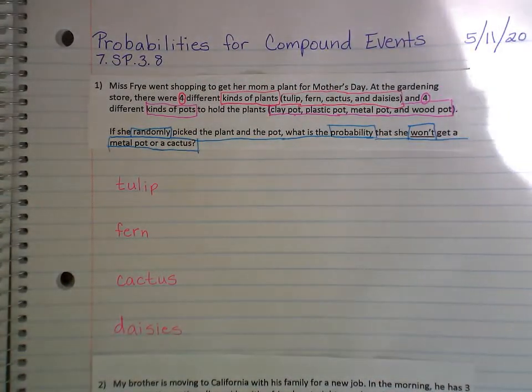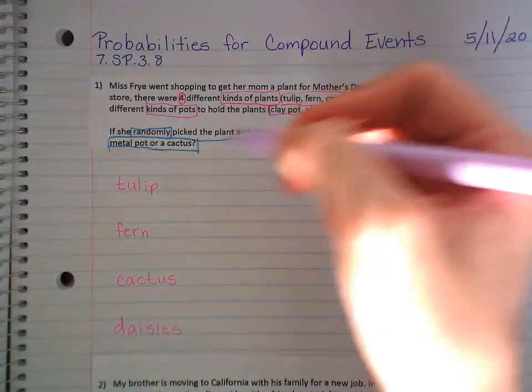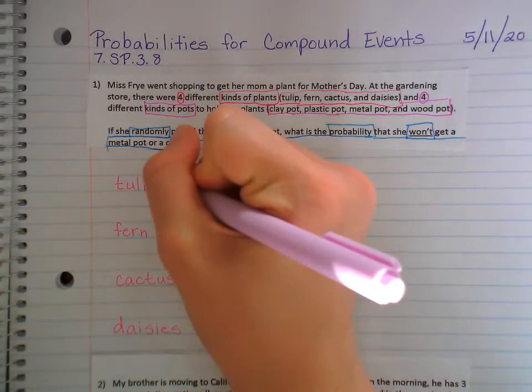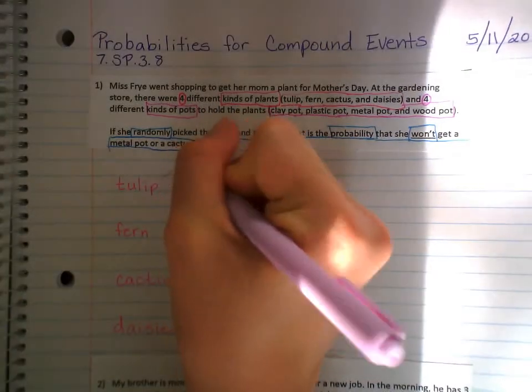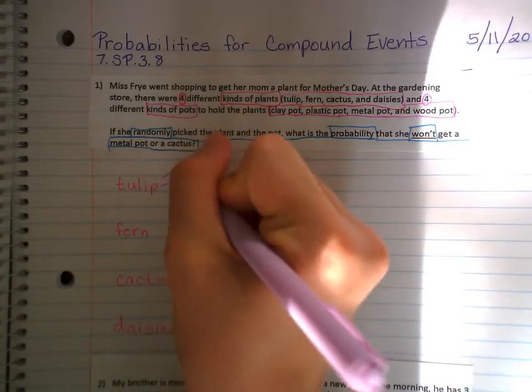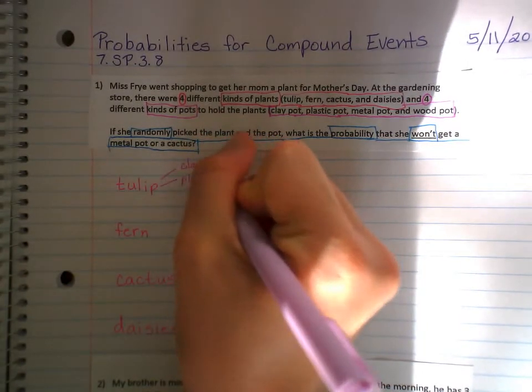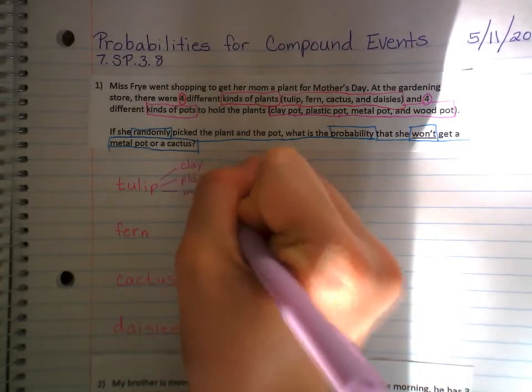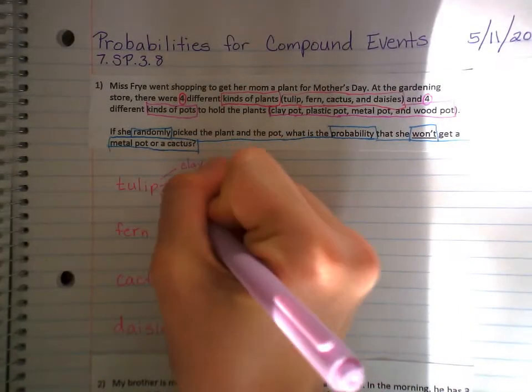All right, now event 2 is the kind of pot. So the tulips, if I get tulips, they can go in a clay pot, they can go in a plastic pot, they can go in a metal pot, and they can go in a wood pot.